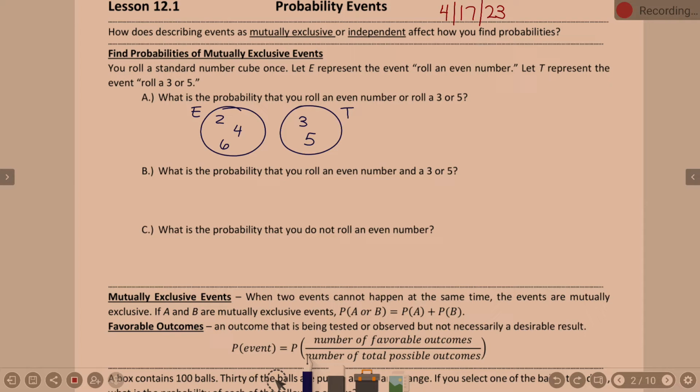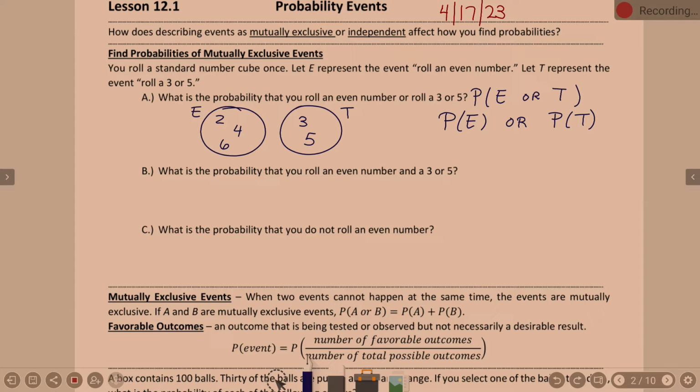And so if I'm going to make this look mathematically official, we're doing the probability of E or T. And to do that probability, we are going to be adding. So the probability of E plus the probability of T. What's the probability of E?